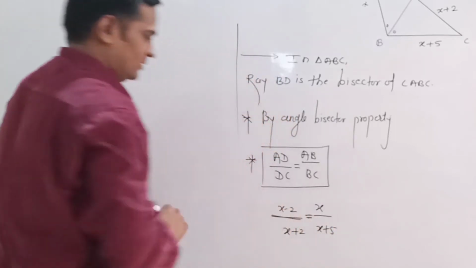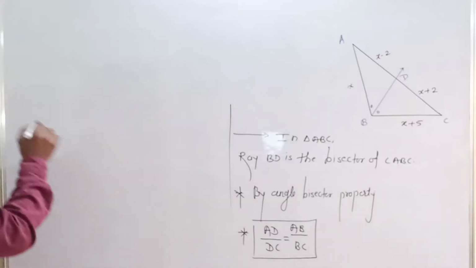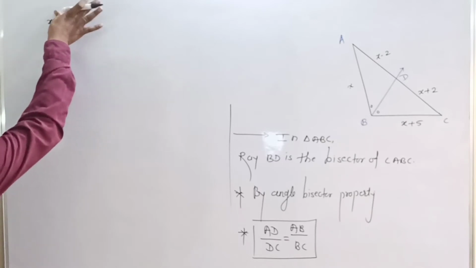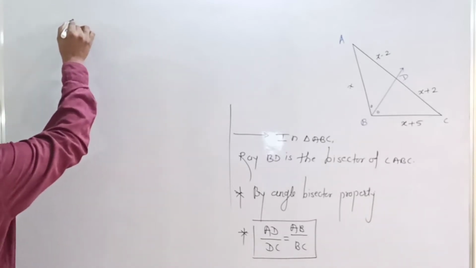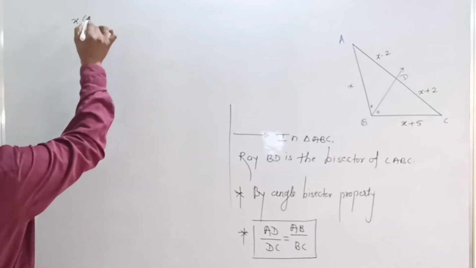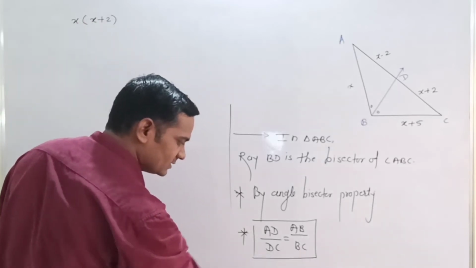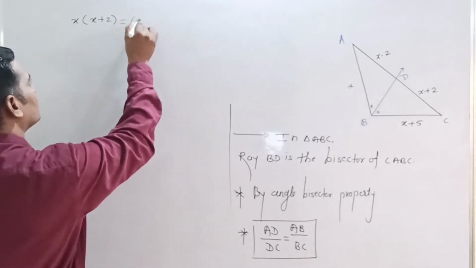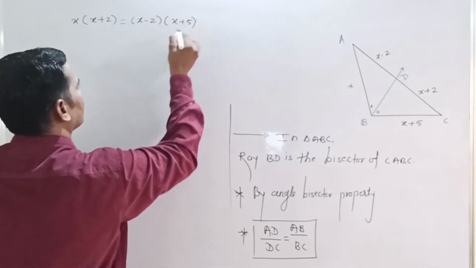Okay. So by making cross multiplication again, that will be x into x plus 2. Now this cross multiplication is equal to x minus 2 into x plus 5.